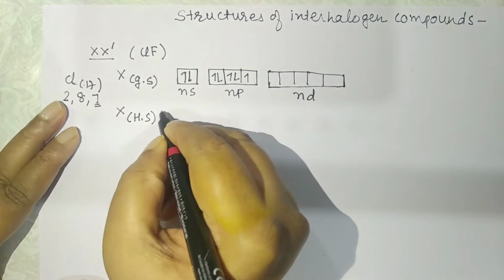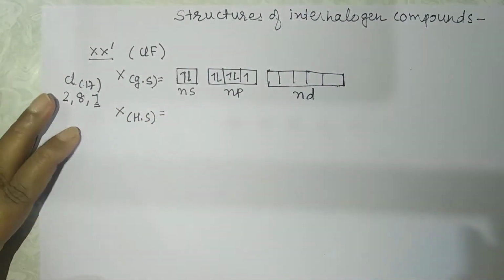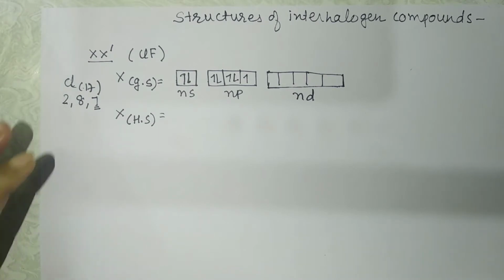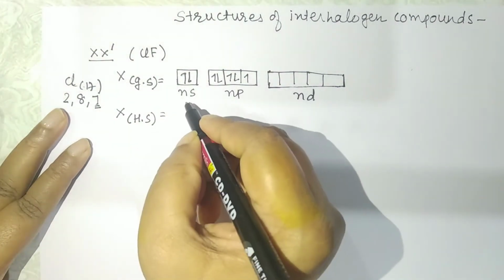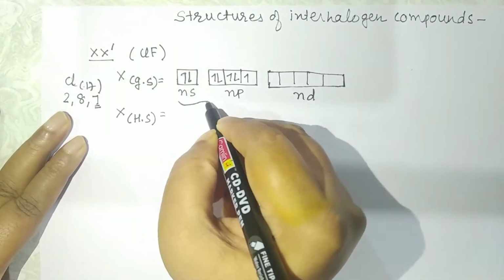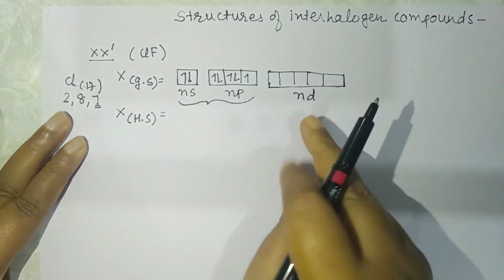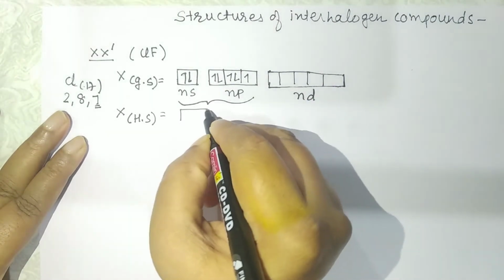So let us write the hybridized state here. You know that when the hybridization takes place, there is mixing of the atomic orbitals. So let us mix the atomic orbitals. What all orbitals will get mixed is your ns and np. d will remain as it is. So let us mix them and draw it.